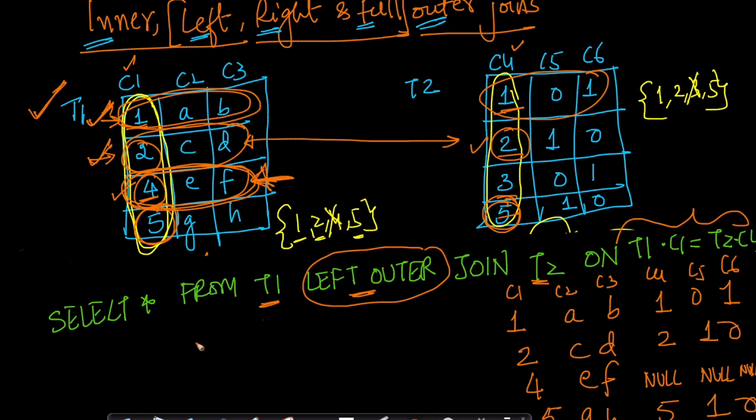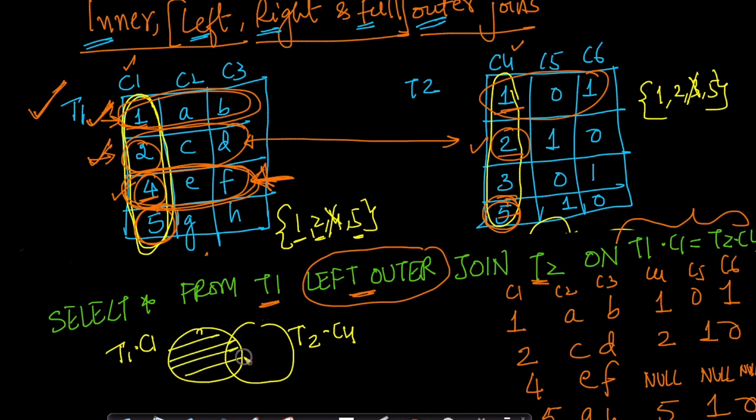From the set diagram that we saw earlier, if this is the set of all of my T1.C1 and this is the values of T2.C4, in the left outer join the keys that I'm going to get are all the values that are present in C1, whether they're intersecting with C4 or not, it doesn't matter.